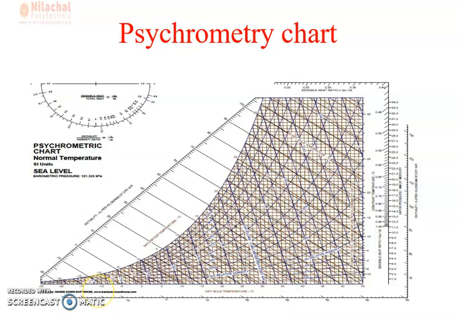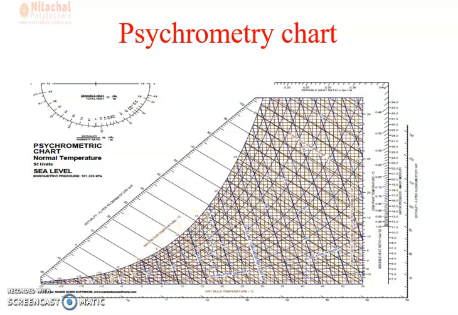This chart is generally done for standard atmospheric pressure, that is 1.013 bar or 760 mm of Hg. In this chart, the dry bulb temperature is taken as the horizontal axis and the specific humidity is taken on the vertical axis.